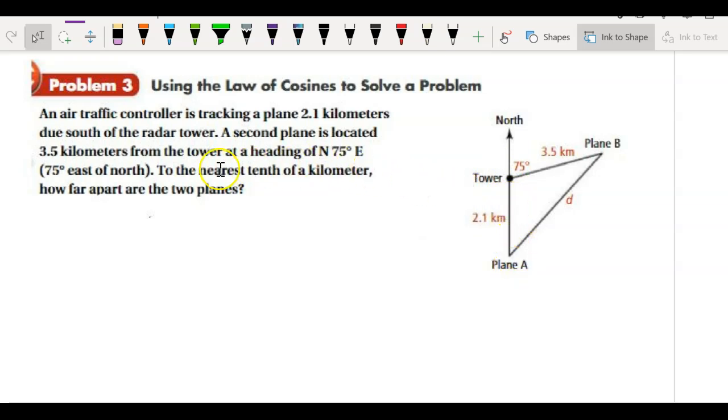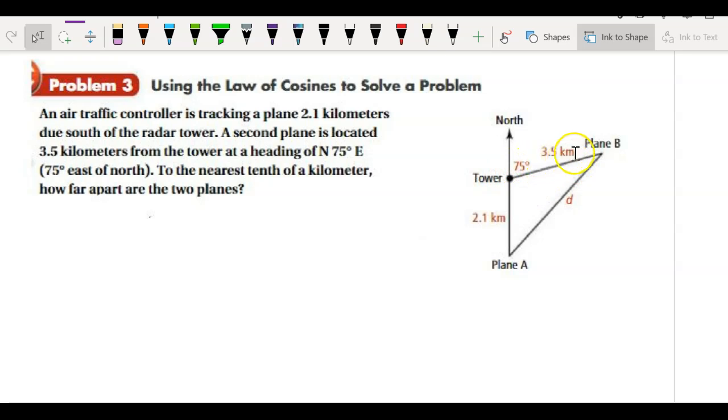A second plane is located 3.5 kilometers from the tower at a heading of north 75 degrees east. So I think that means east, but 75 degrees north of east.